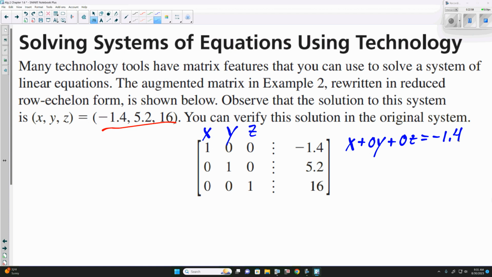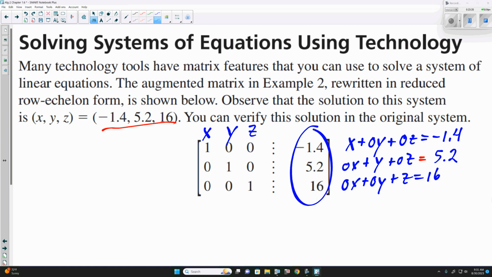The second one, 0x plus y plus 0z is equal to, y is 5.2. And the last one, 0x plus 0y plus z equals, z is 16. So our solution is this right here, x, y, z.